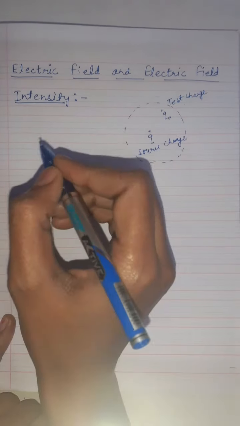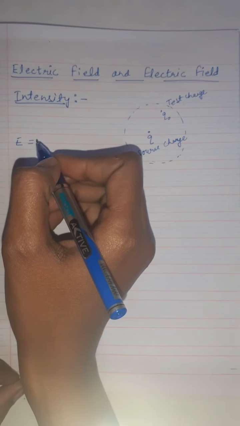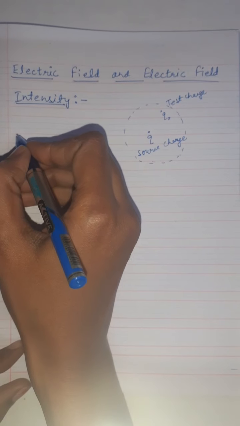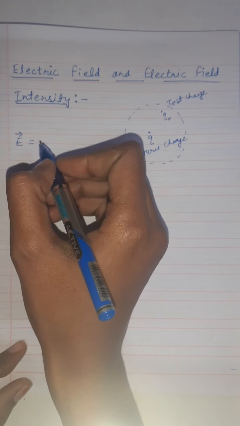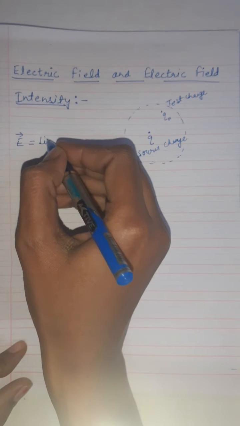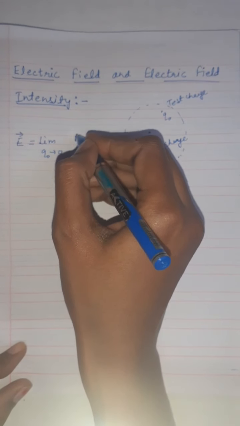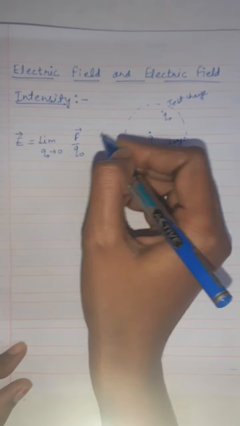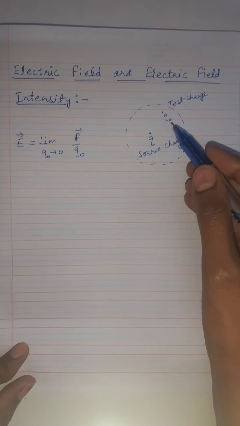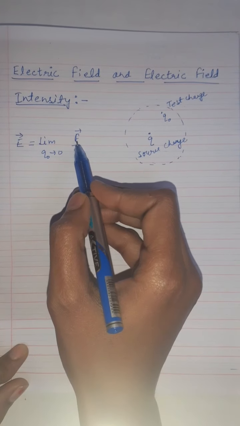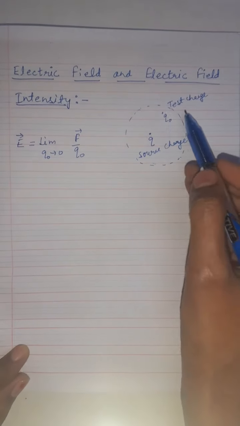So mathematically we can write it: E, the electric field intensity, is a vector quantity, so we will place a vector sign here, E vector is equal to limit Q naught tending to 0 of F upon Q naught. So the electric field intensity at this point will be equal to the force experienced by this unit positive test charge which is placed over here.